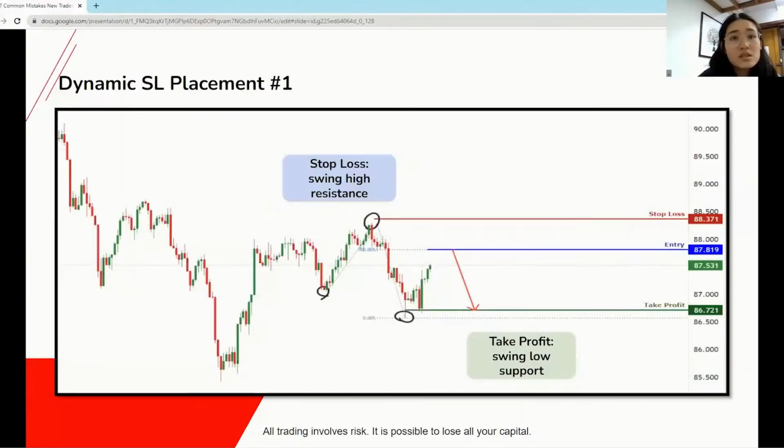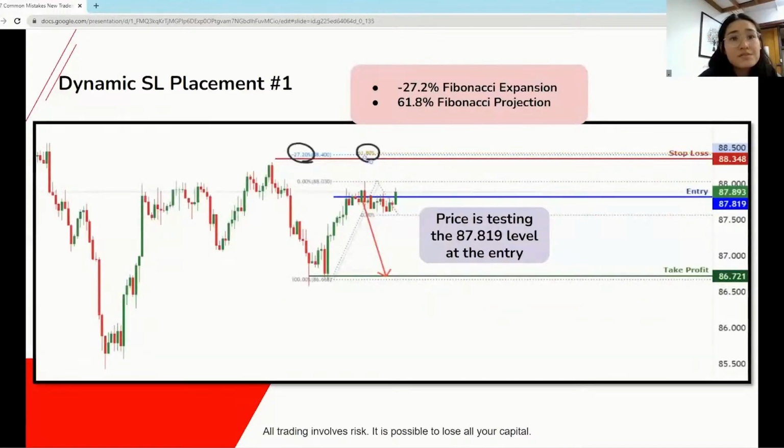So here you can see we have this confluence area with the negative 27.2% Fibonacci expansion and 61.8% Fibonacci projection. They all line up nicely with our stop loss, and we're expecting price to drop from our entry towards our take profit.